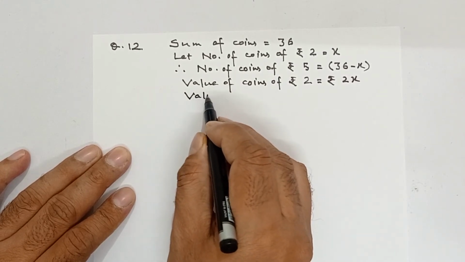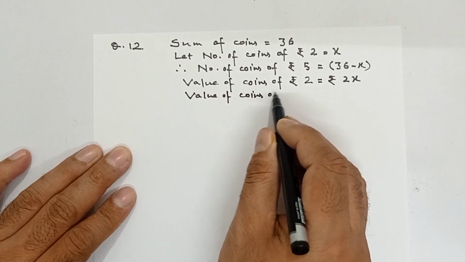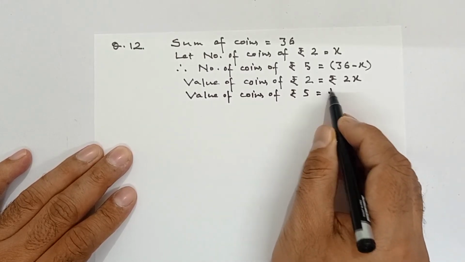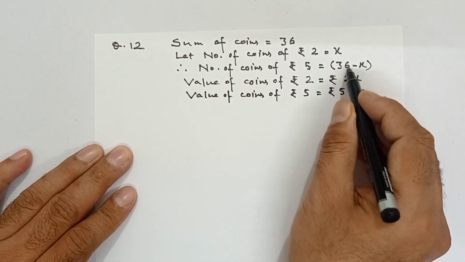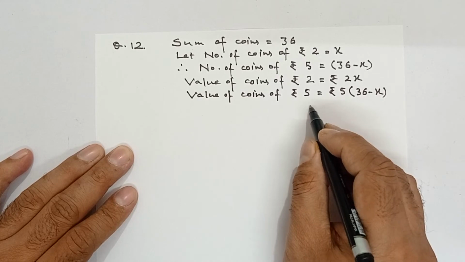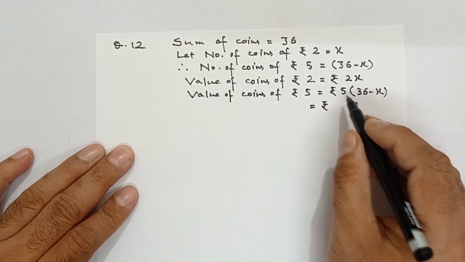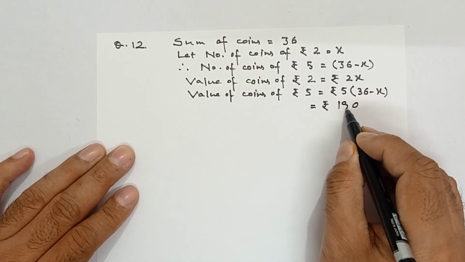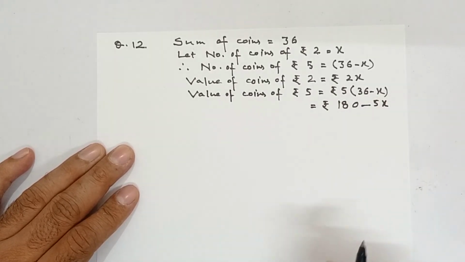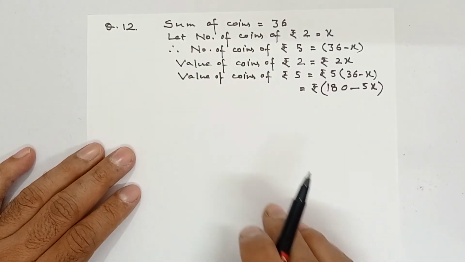Now the value of coins of rupees 5, so again rupees 5 will multiply 36 minus x. So we will solve it. 5 sixes are 30, 3 is carry, 5 threes are 15 and 3 is 18. Minus 5 will multiply x also. So it is rupees 180 minus 5x.